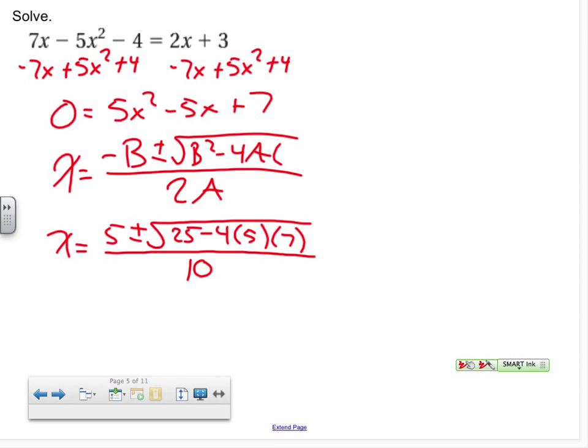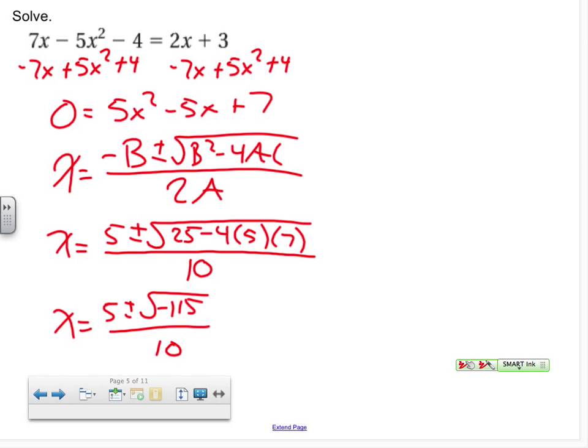Do our discriminant first. We get negative 115. And if you can reduce the radical, that is best.